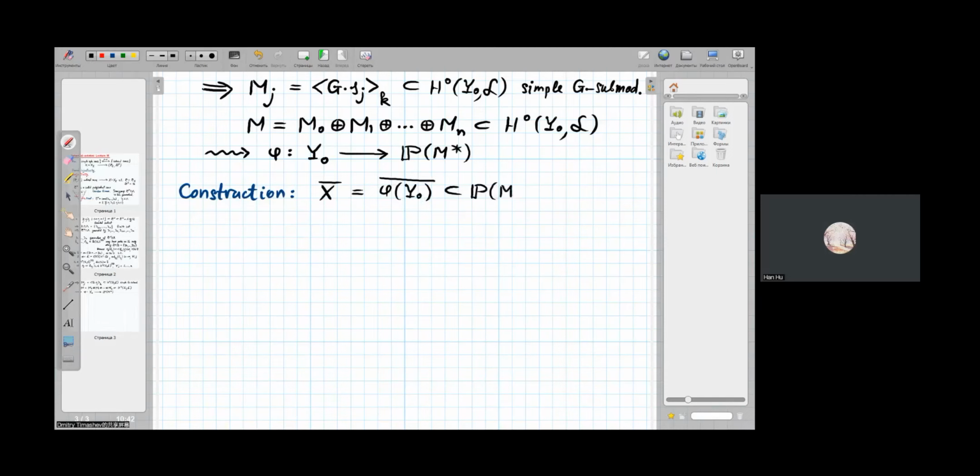So far it's okay. Well, okay, so we use that simple G modules are finite dimensional, right? Yes, of course. We use this.